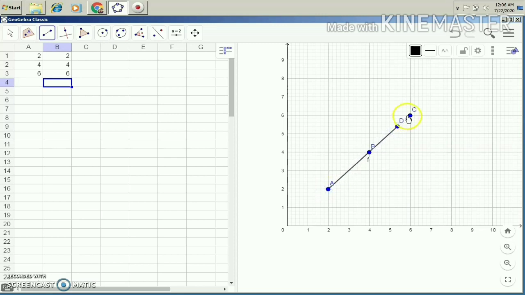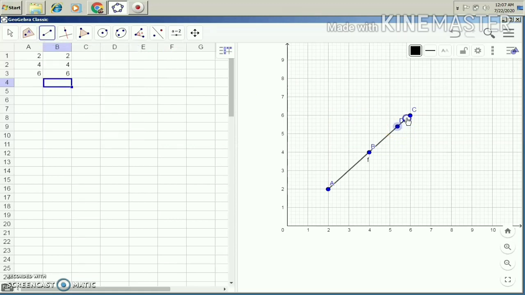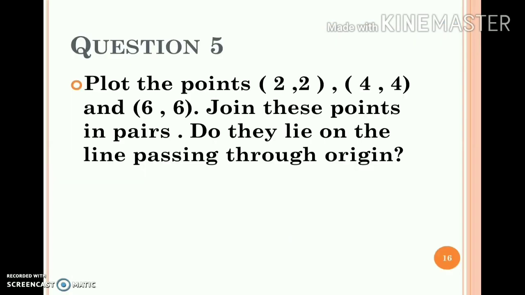Just wait, I'll redo it. Yes, this is produced. Now we'll produce it downward. Let's see whether it passes through the origin or not. Yes, it passes through the origin. We need to write this sentence: yes, it passes through the origin.